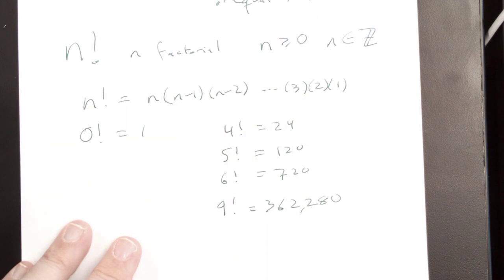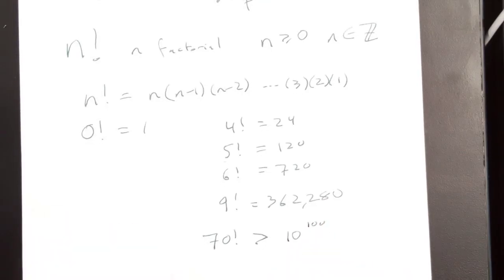Your graphing calculator won't hold 70 factorial. That's huge. There are lots of other functions in our textbook that are useful. Floor, ceiling, and factorial will be the three we use most often.